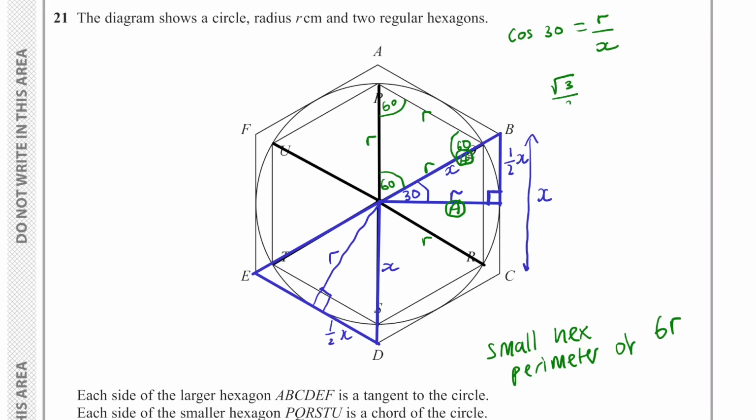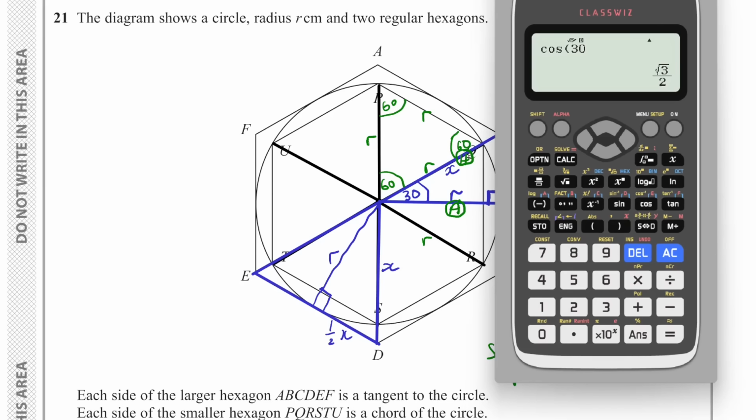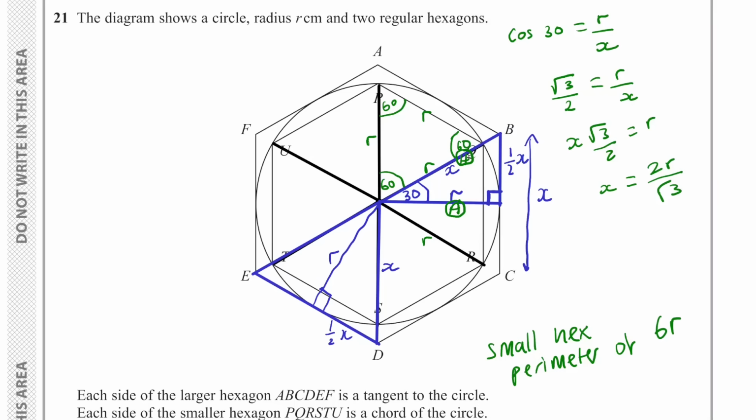So square root 3 over 2 is equal to r over x, times by x, x times square root 3 over 2 is equal to r. So x is 2 r's over square root 3, so timesing by 2, dividing by square root 3. 2 over square root 3 could also be written as 2 root 3 over 3 if we rationalise the denominator. So 2 root 3 over 3 times r.